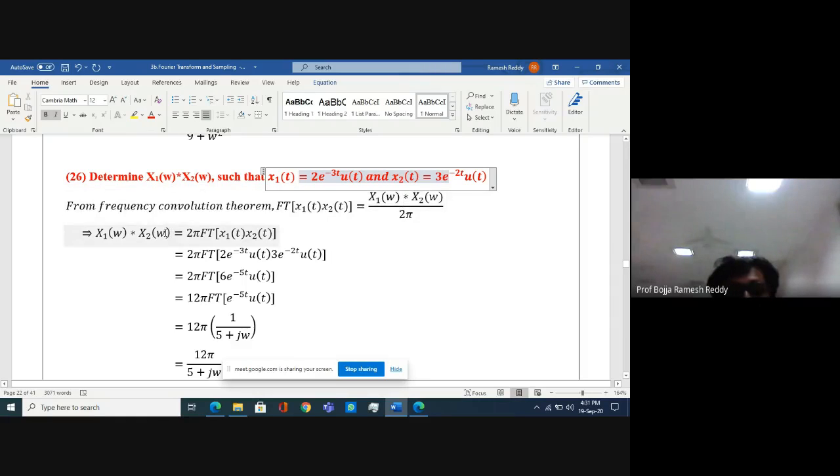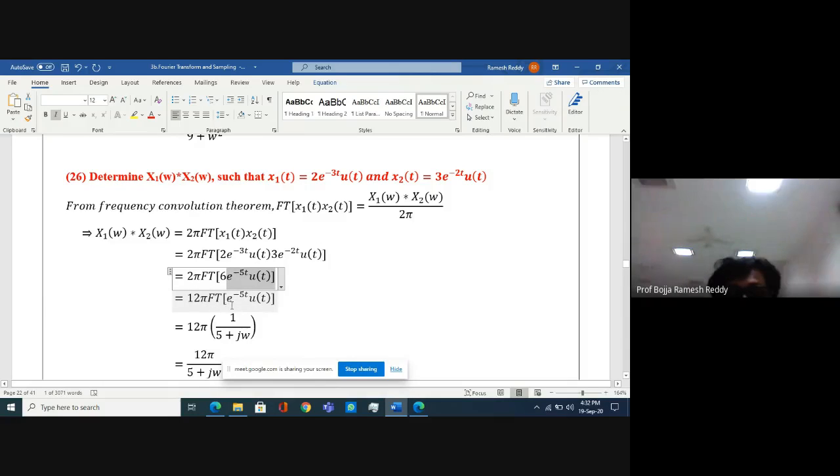X1 of omega convolved with x2 of omega is equal to 2 pi times the Fourier transform of the product. This is convolution, this is normal product. Take the product of these two, a normal product without applying the Fourier transform. 2 into 3, 6, e power minus 3t, e power minus 2t, gives e power minus 5t. Now apply the Fourier transform. 6 is a constant, take it outside. 6 into 2 pi, that is 12 pi.